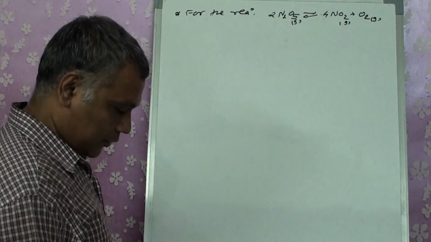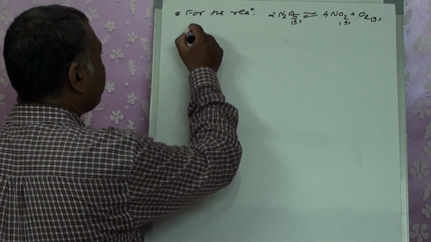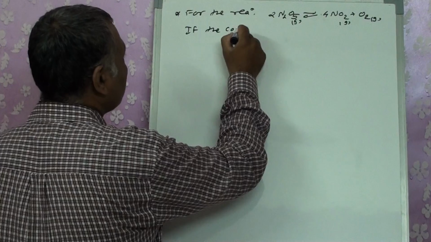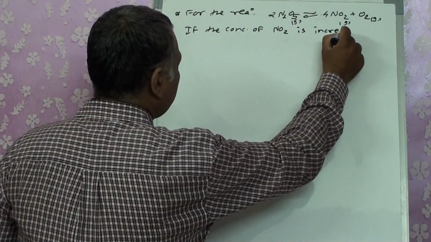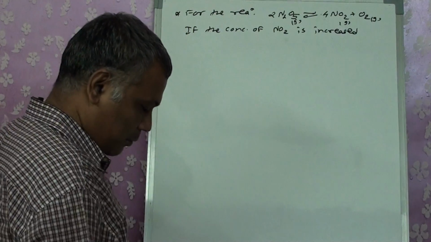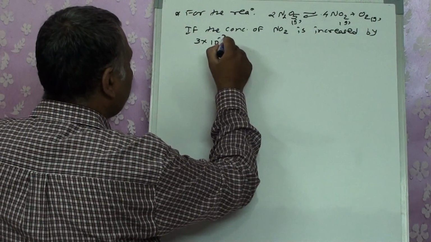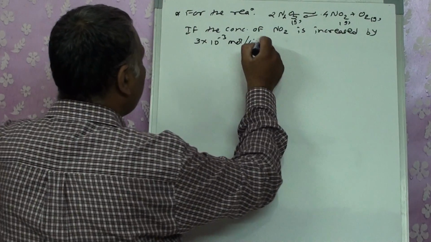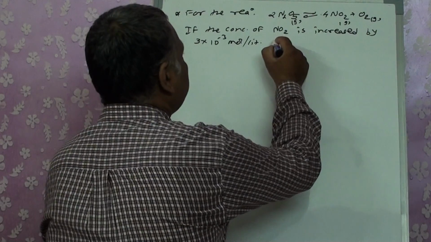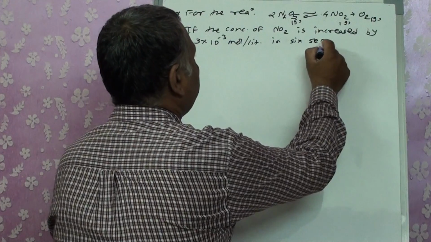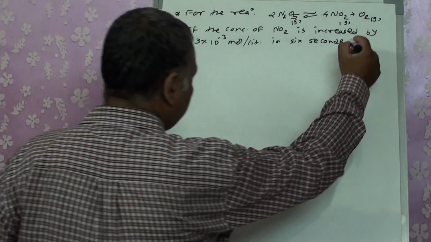If the concentration of NO2 is increased by 3 into 10 raised to minus 3 mole per liter in 6 seconds, then what is the rate of the reaction?